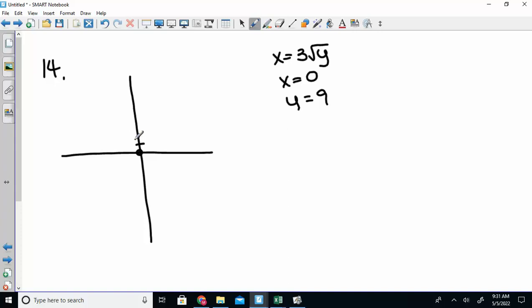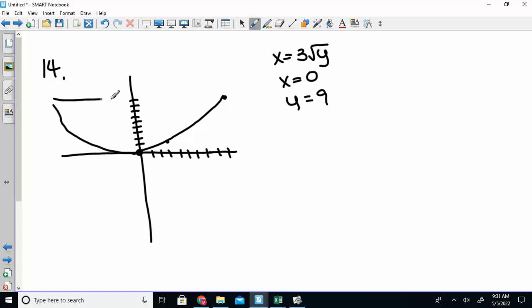If you plug in a 0 for this, you get out 0. We're ending when y is 9. If you plug in a 9 for your y, you get 3 times 3, which is 9. You could do more if you wanted. If you plug in a 1 for your y, you get out 3. So we see it's like this.